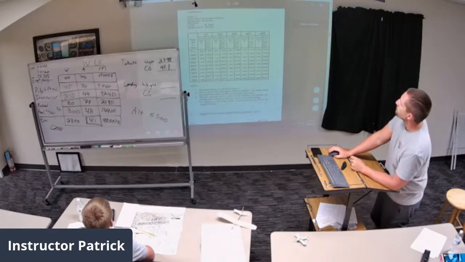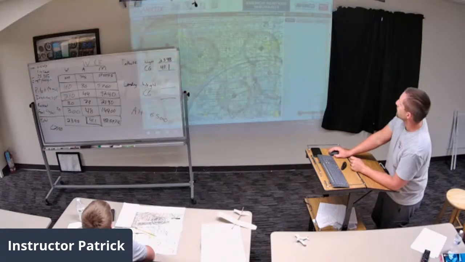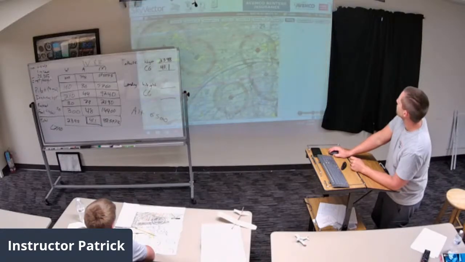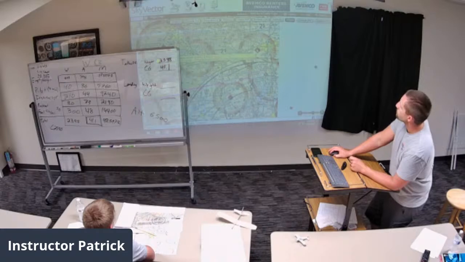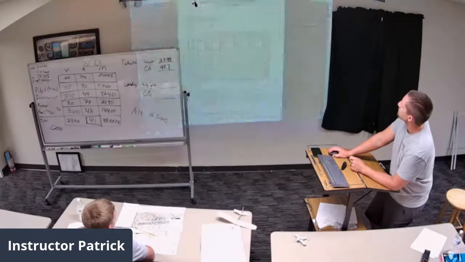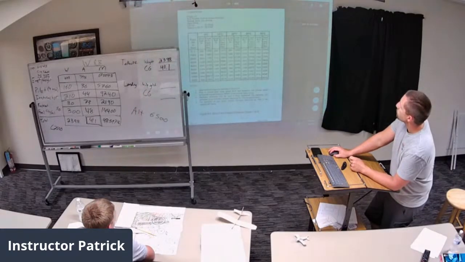So for our takeoff, let's find our current weather at Lake Norman or nearby Lake Norman. We're going to add our textual weather ball here on Sky Vector. And Statesville is reporting 24 degrees Celsius. So at 24, that's somewhere in between 20 and 30.